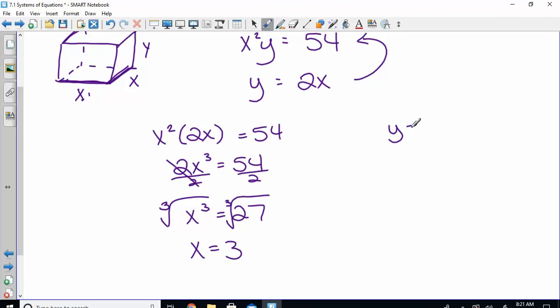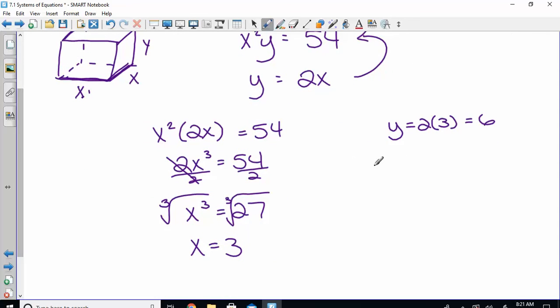Then our y is 2 times x, so 2 times 3 equals 6. So the question was the dimensions of the box.